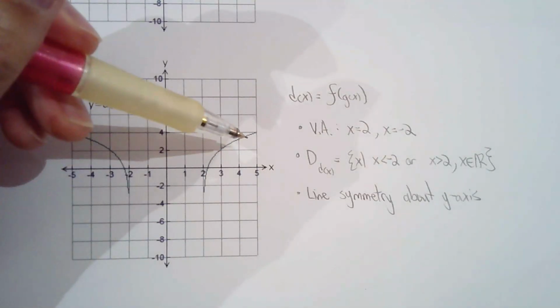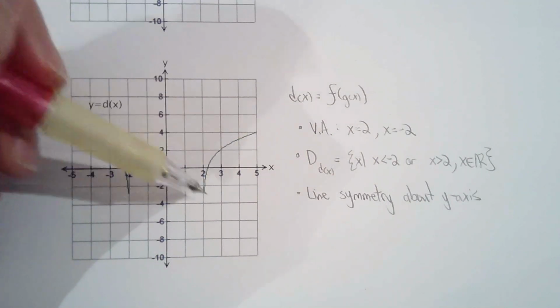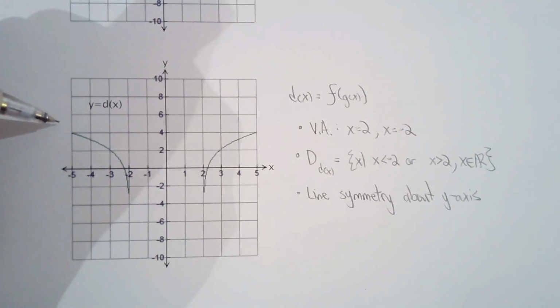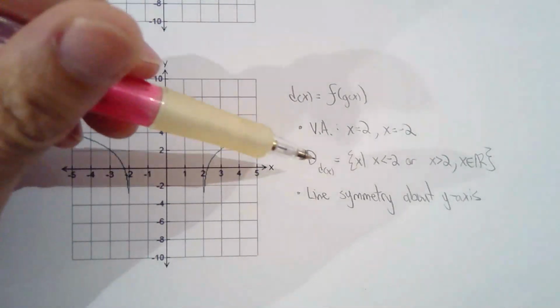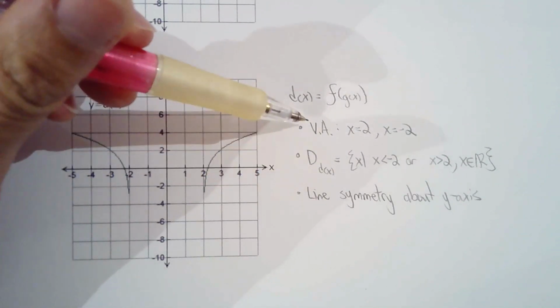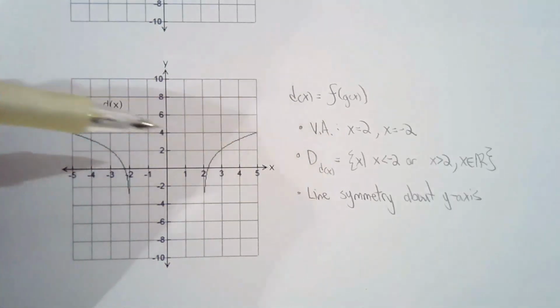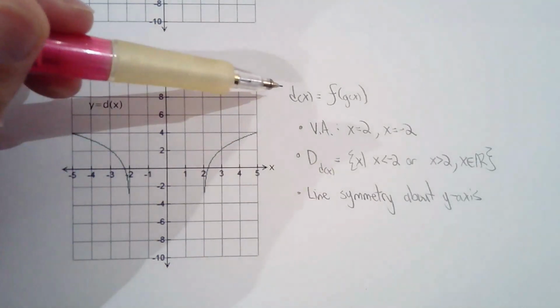No other function that I create using f and g will have line symmetry about the y-axis. And the same could be said for the domain, and for the vertical asymptotes. So all 3 points that I've made are exclusive for d of x.